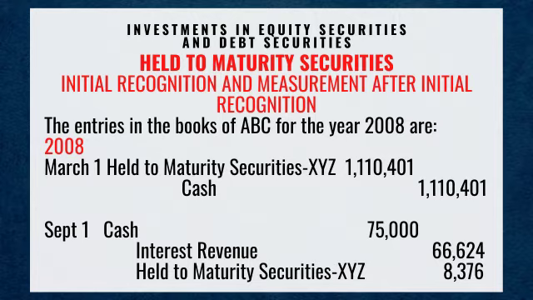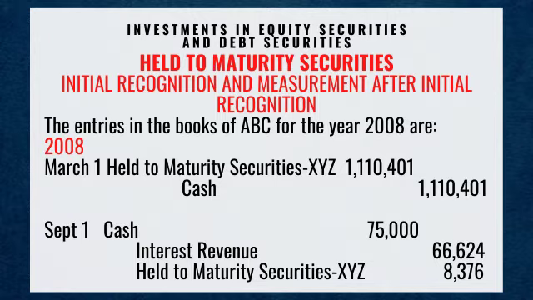The entries in the books of ABC for the year 2008 are: 2008 March 1st, debit held to maturity securities XYZ, 1,110,401 pesos. Credit cash, 1,110,401 pesos.